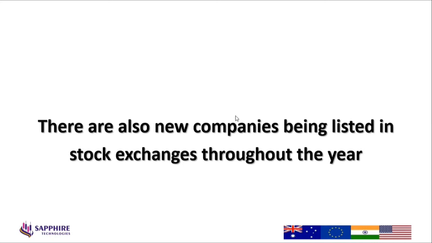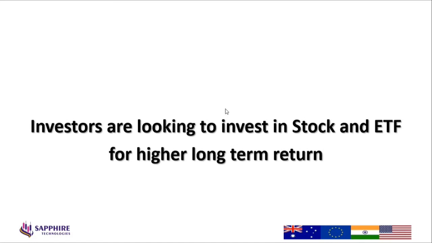So as new companies are introduced in the stock market, obviously there is enthusiasm about investing in that company. So money is pulled out from an existing investment and moved to the new IPO investments, as an example. Investors are always looking for stocks or ETFs with higher returns.